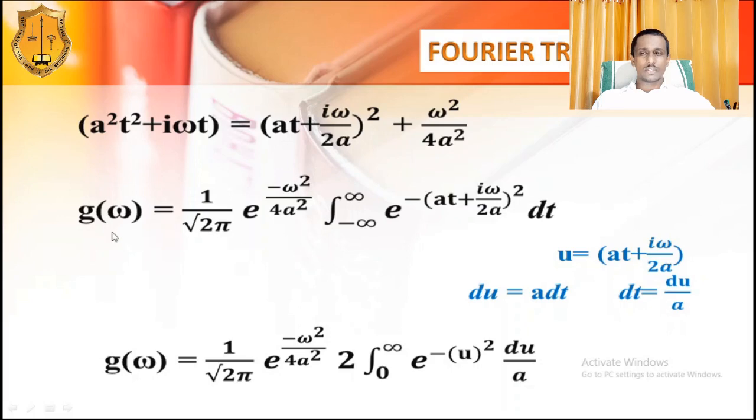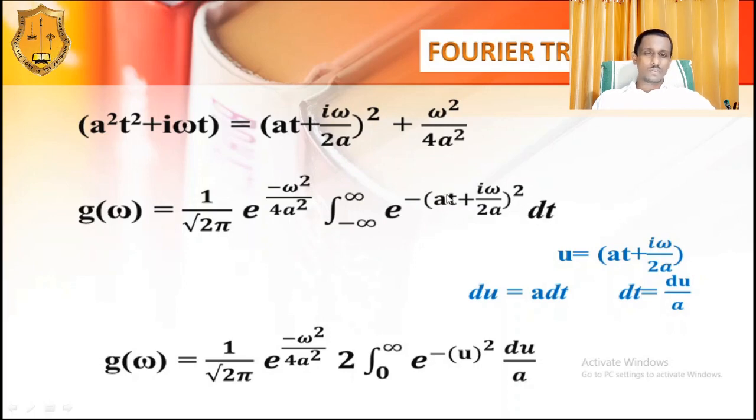Therefore, our equation is g(ω) equal to 1 by root 2π e raised to minus ω squared by 4a squared, from this term ω squared by 4a squared, and within the integration, integral minus infinity to plus infinity e raised to the remaining term, minus (at plus iω by 2a) the whole squared, into dt.